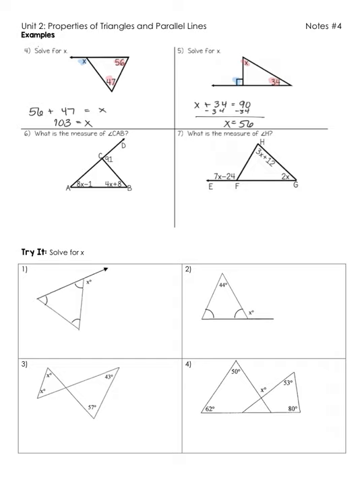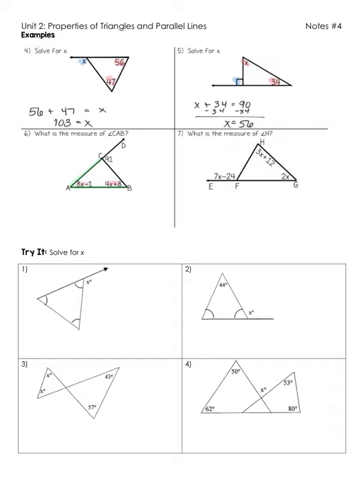We can also apply this to problems that involve a little bit more algebra. So for number 6, we are looking for the measure of angle CAB. So we are trying to find the measure of this angle right here. In order to find that measure, I need to know what x is. So I'm going to start by applying my exterior angle theorem.